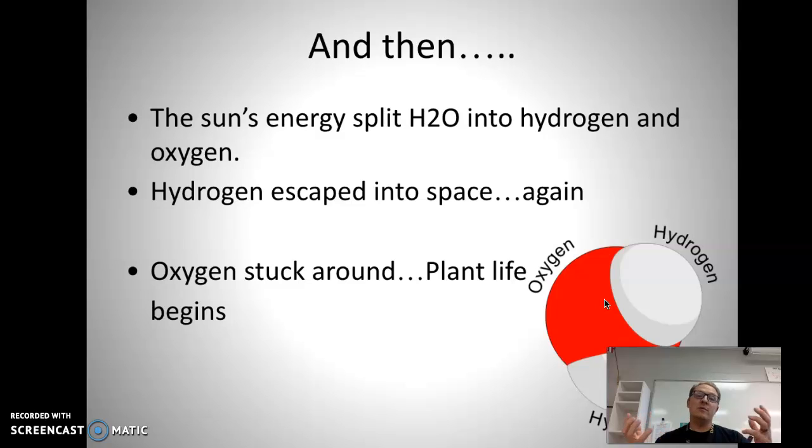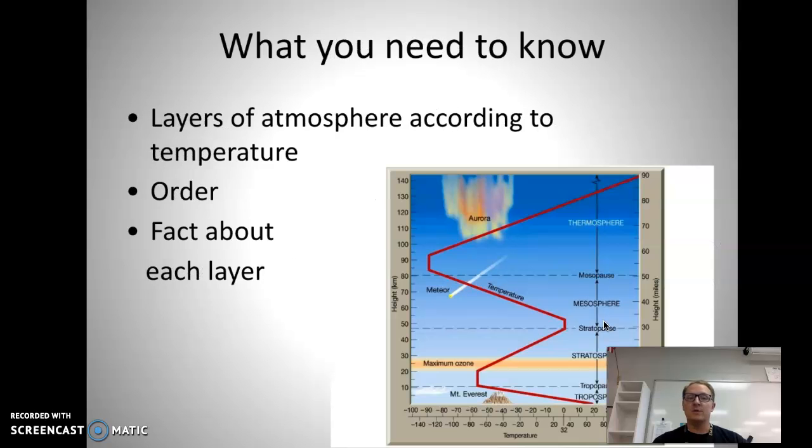And the hydrogen did what it does best. It rose to the top of our atmosphere, and a lot of it got lost into space again. And the oxygen stuck around, and now all of a sudden our planet had a significant source of oxygen. And that happened because the sun began to split those water molecules. All right? Which brought us eventually, after millions and millions and millions of years, to our current atmosphere, which is where we started this whole process.